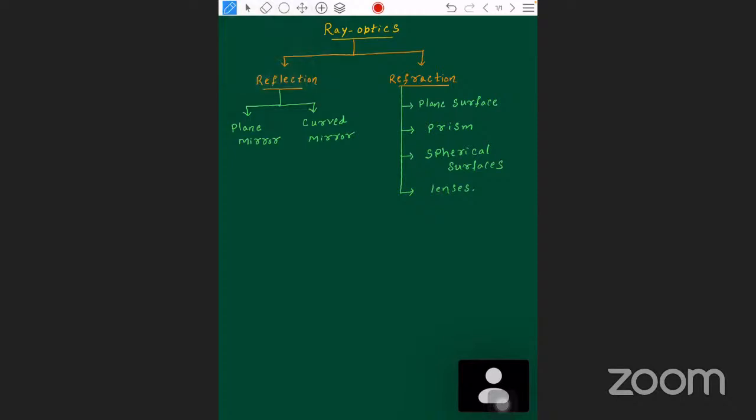Apart from this, you are going to analyze one more application, that is what we call the optical instruments.